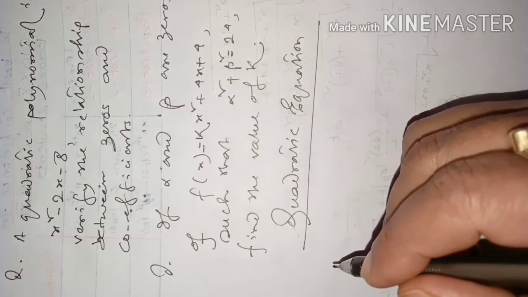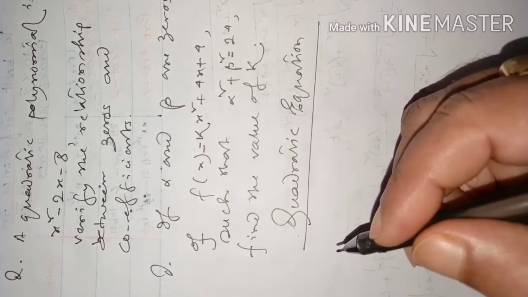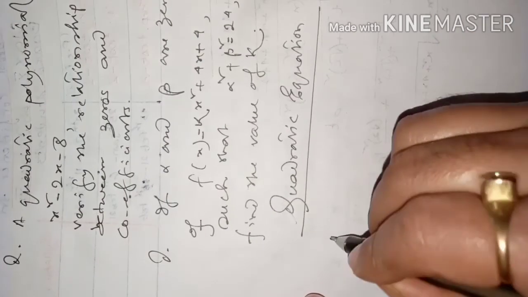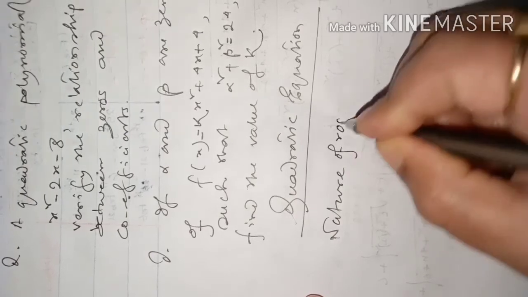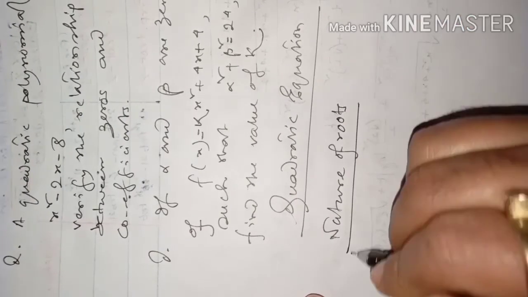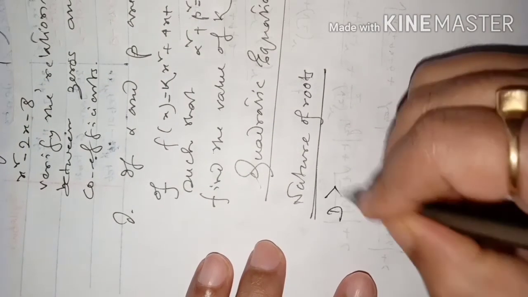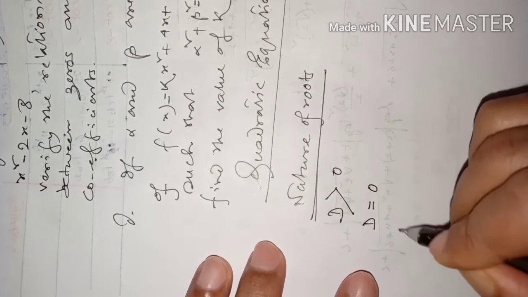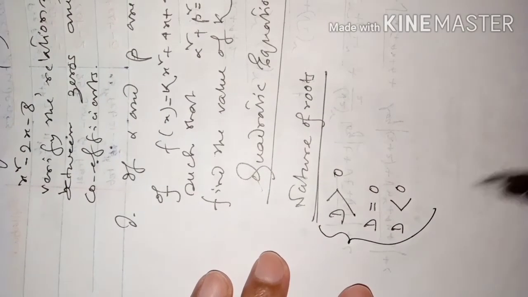Here you may be asked, suppose one quadratic equation is given, find the nature of roots. For the nature of roots, what do you have to check? Whether discriminant is greater than 0, equal to 0, or less than 0. So you have to check the discriminant.